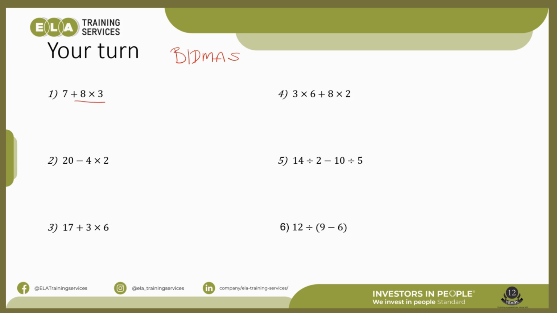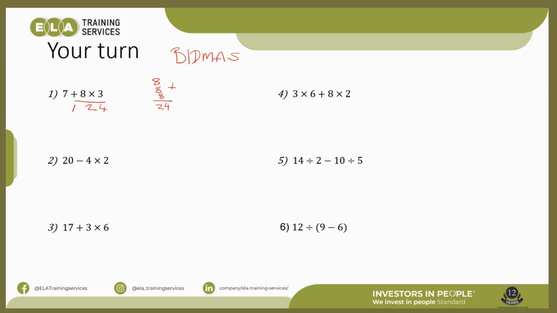For those of us that aren't confident with our 8 times table, it's just 8 plus 8 plus 8 to get 24. The next thing we do is the last part of the question.